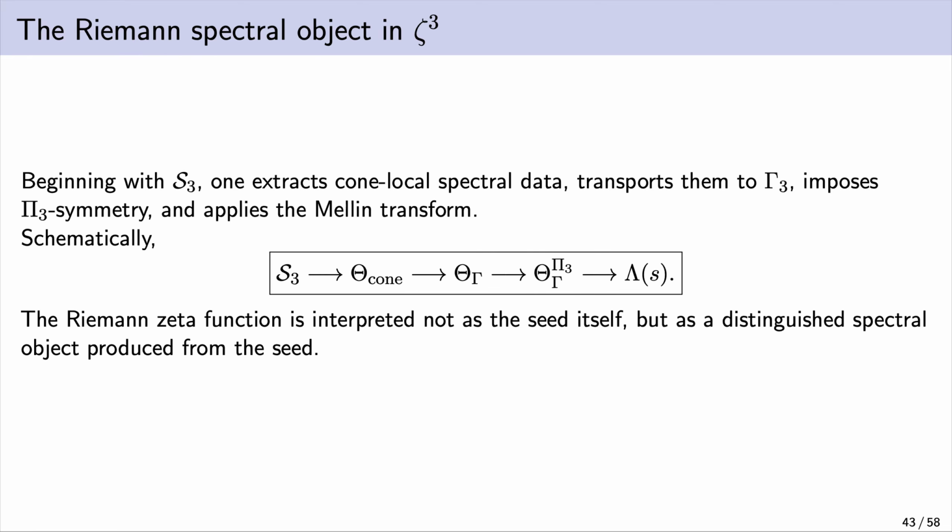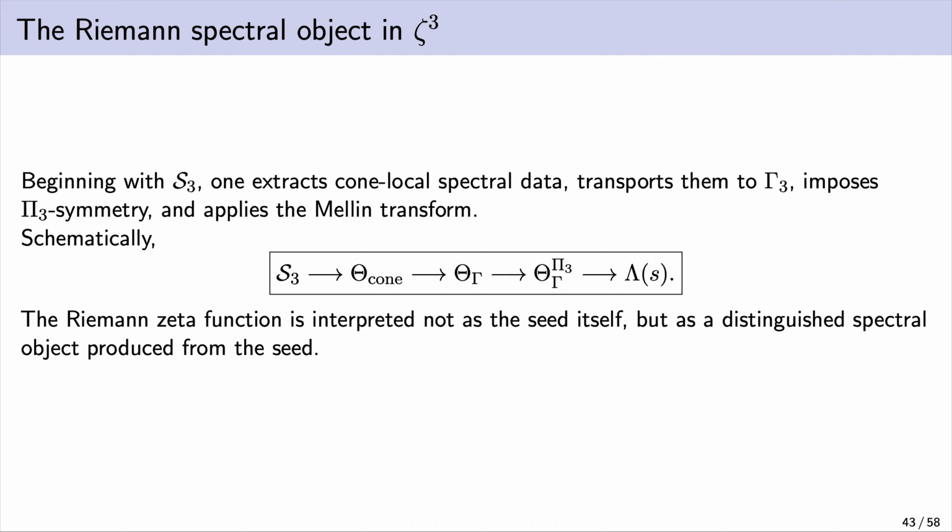So the Riemann spectral object in zeta of 3: beginning with S3, one extracts cone local spectral data, transports them to gamma 3, imposes pi 3 symmetry, and then applies the Mellin transform.